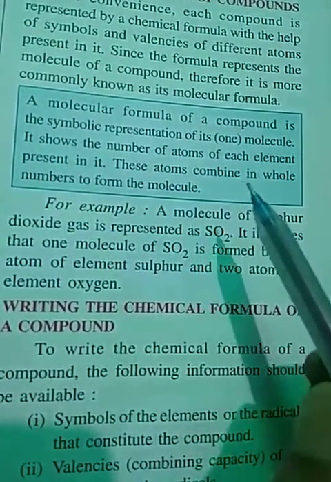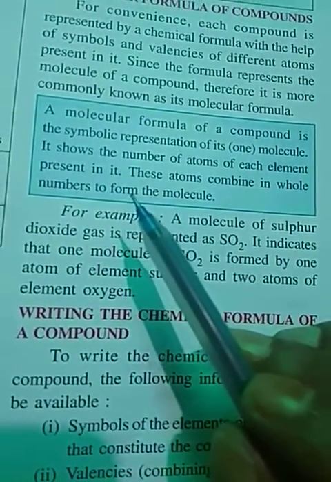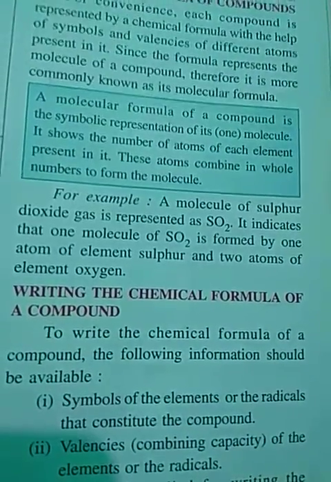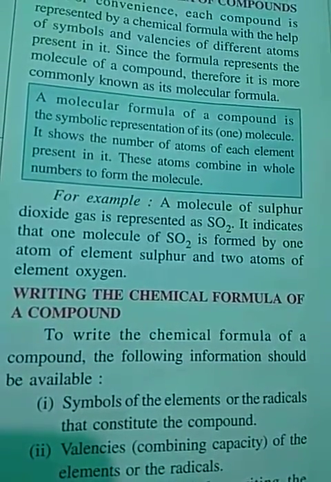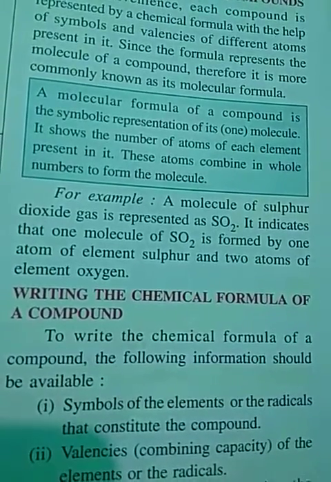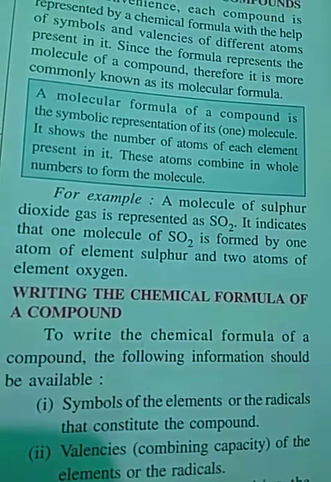Atoms combine in whole numbers. It combines in whole numbers means, there will be CaCO3. You will never find Ca 1.5 and C 2.2, O 4.5. No, it will be either 1, 2, 3, 4 and so on.